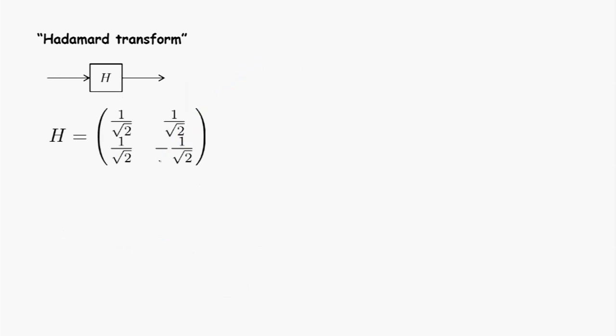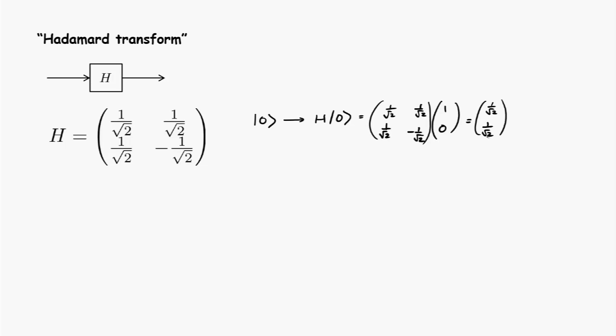Now, the third elementary gate, and one of the most important gates, is the Hadamard transform, which looks like this. Its entries are 1 over square root 2, 1 over square root 2, 1 over square root 2, and minus 1 over square root 2. So let's again see, what does it map 0 to? 0 goes to H of 0, which is this matrix times (1, 0).